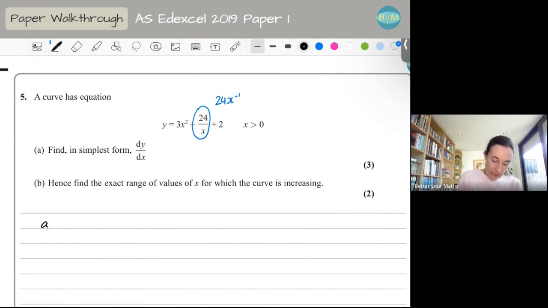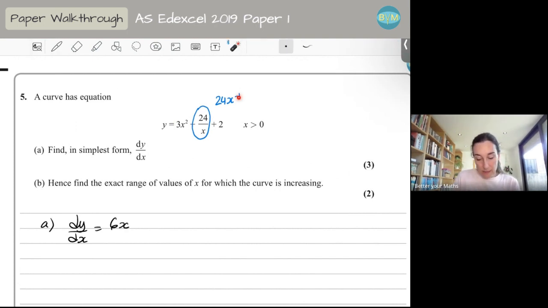So let's differentiate. Remember, when we differentiate, the exponent goes to the front multiplying the coefficient and the degree goes down by 1. So in this case, these 2 go multiplying the 3, so I have 6, and x squared goes down by 1, so x. And then the exponent minus 1 goes multiplying the 24, so minus 24, and the x goes down by 1.